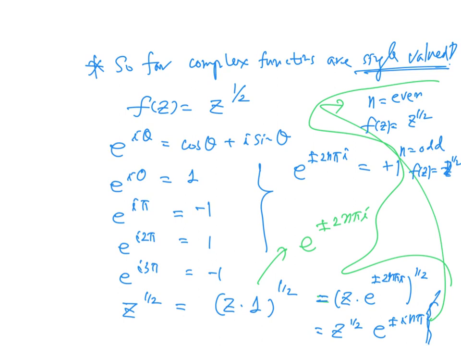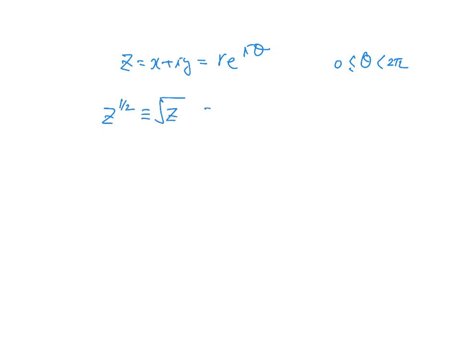So for that, it may be better to represent in polar form. Then we represent it as a square root of z when theta is 0 to 2 pi.